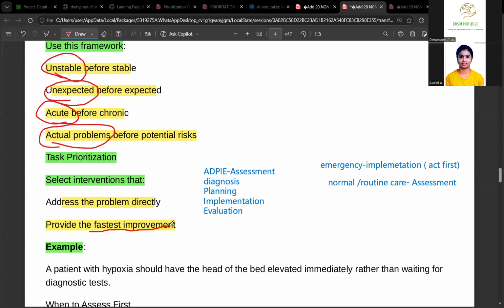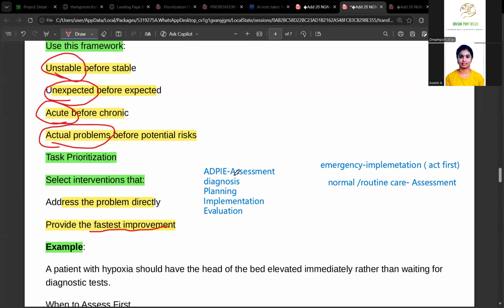So in case of emergency, we should always act first and not wait for the assessment or the result to come. Otherwise, how can we plan the care? After assessing, using the subjective and objective data, we collect the information, then diagnose the actual problem of the patient, and accordingly plan the care.